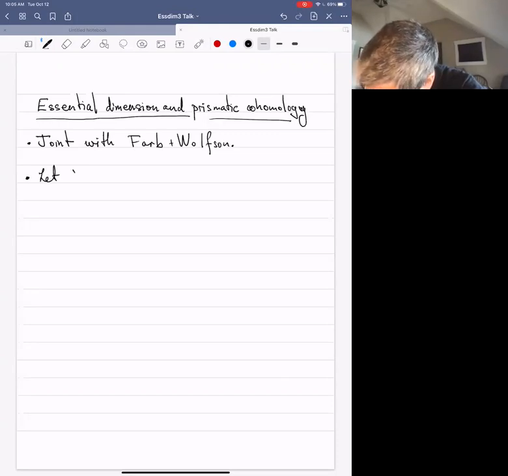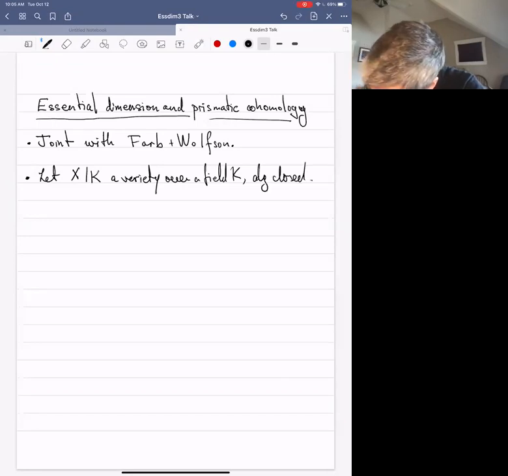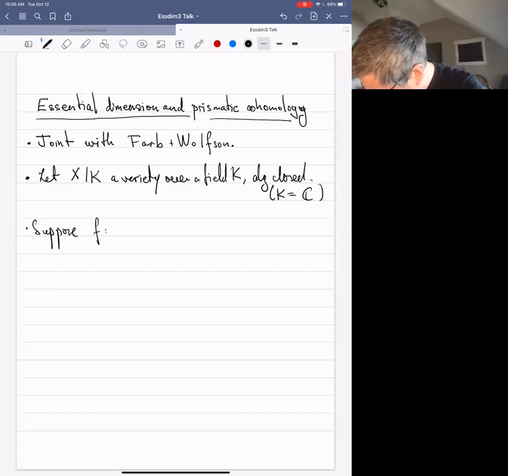So let's suppose we have a variety X over a field k, which I'm going to assume is algebraically closed. Later we'll switch setups a little bit, but for now you can even consider k as the complex numbers. Then what we want to do is consider a covering, and I'll give an example in a second.